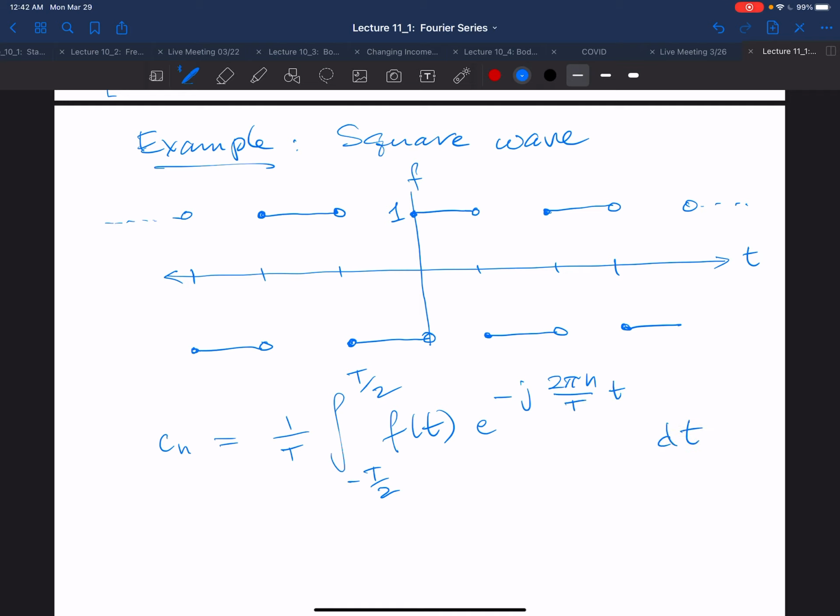So we just have to compute these integrals in order to find the coefficients in our Fourier series.